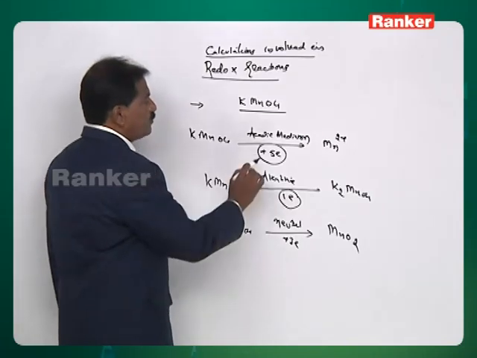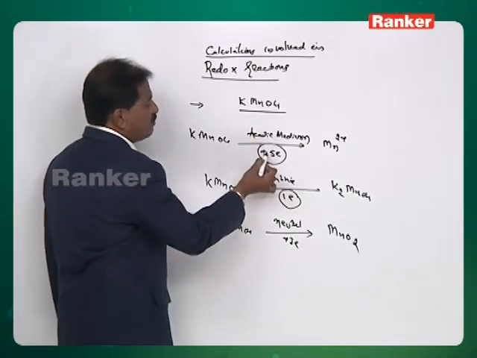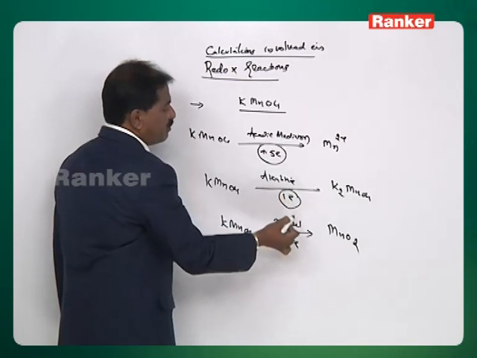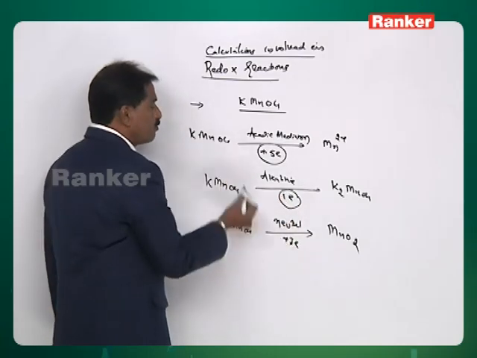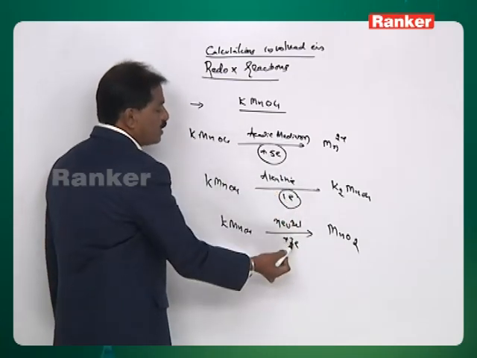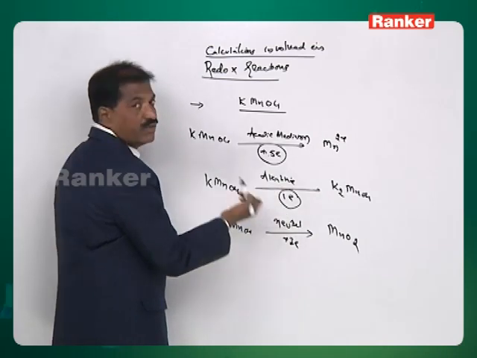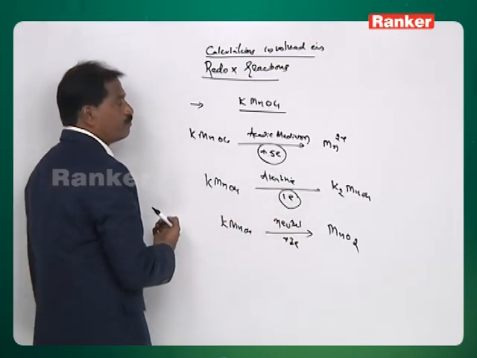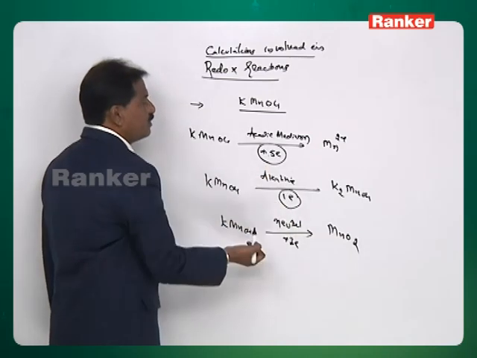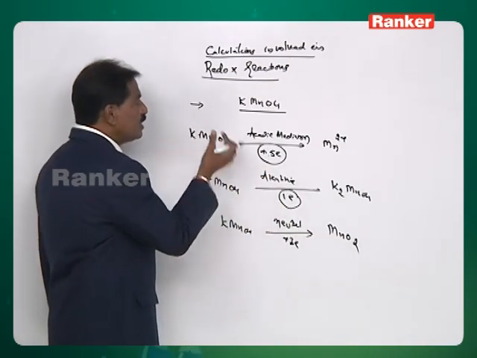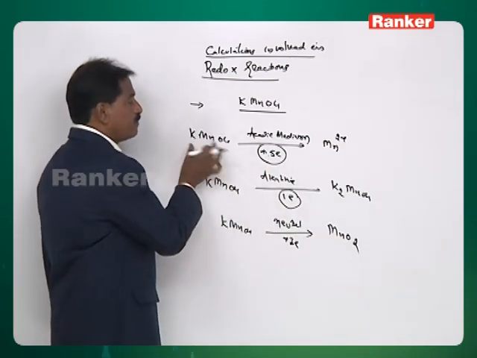So if you know the medium in which the reaction is taking place, we can easily identify the number of electrons participating per one molecule. That number of electrons participating per one molecule itself is called valency factor or N factor. By using this N factor, we can calculate the equivalents of KMnO4 participating.